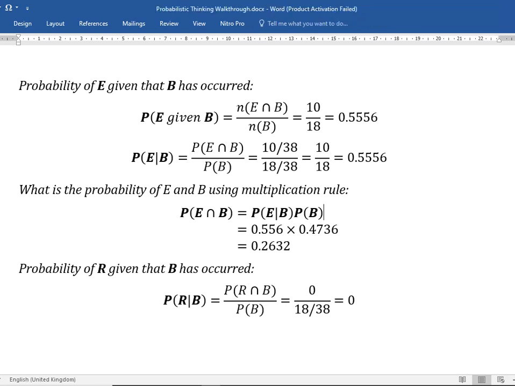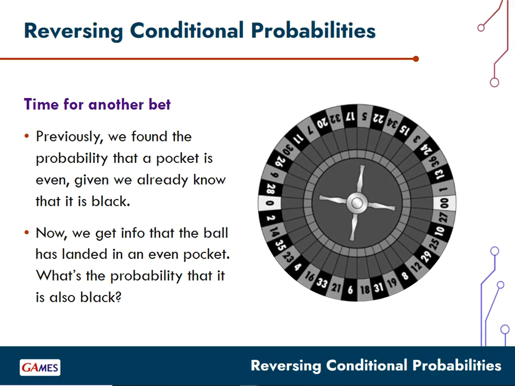So we did all these ones. Now we are looking at something else. Given that I now know the probability of getting the event E, that is getting an even, given that black has occurred, how can I reverse the scenario using this information to calculate the probability that a black would occur given even?